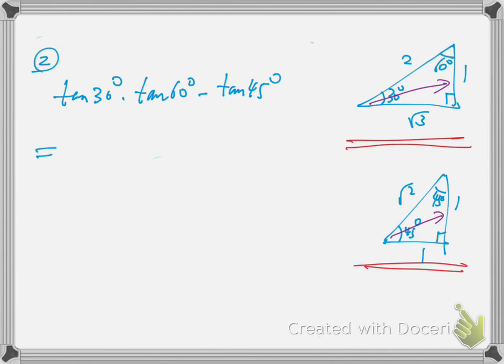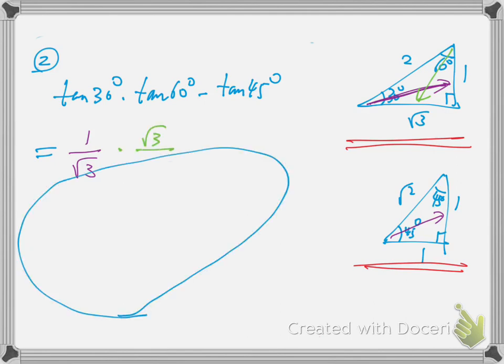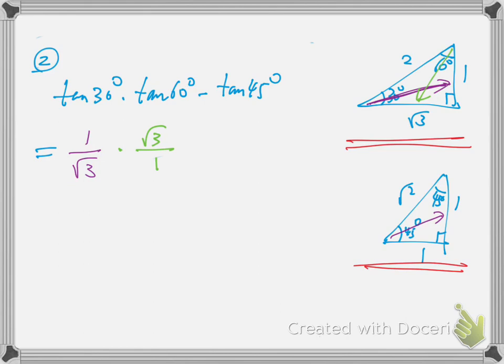So what is tangent 30? We're still looking at this purple line. That's opposite of 30, so opposite over adjacent, so 1 over radical 3. Now for the 60, let's use green color. What's opposite of 60? Radical 3. So tangent 60 is radical 3 over adjacent 1. So it's 1 over radical 3 times radical 3 over 1.